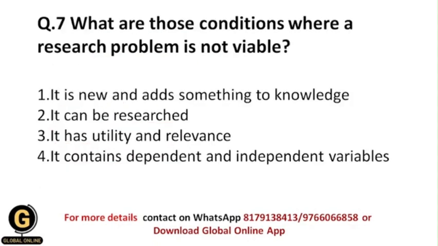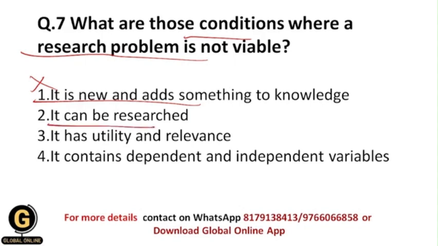Next is, what are those conditions where a research problem is not viable? So first is, it is new and adds something to knowledge. Yes, in this situation the research problem is viable, so this is eliminated. It can be researched, it means that it should be researchable, so this is also eliminated, because under these situations the research problem is actually viable.